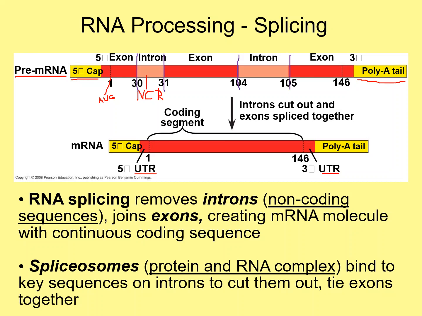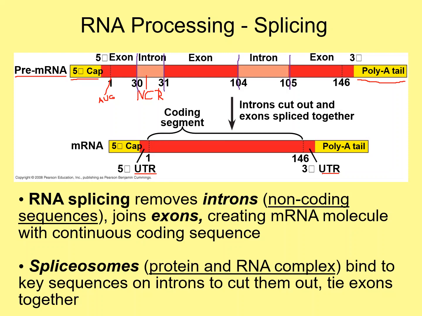I'm going to cut those sections out, and then I'm going to join the exons together by, again, catalyzing that phosphodiester bond between this 3' end on this exon and the 5' end on this exon, such that eventually I get one whole piece of coding sequence, right?